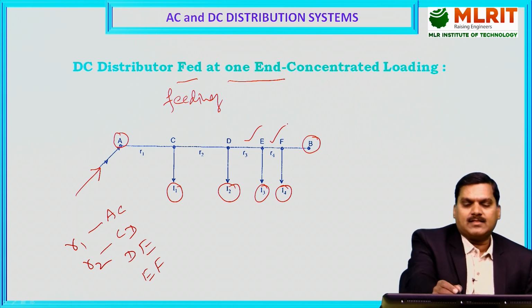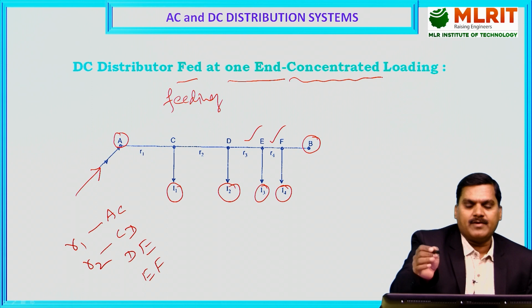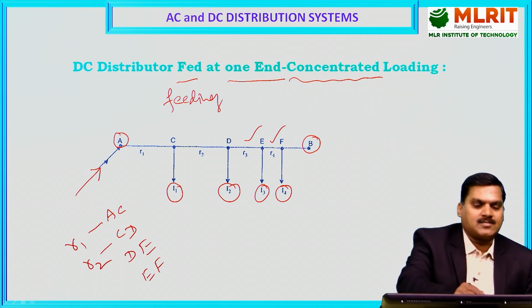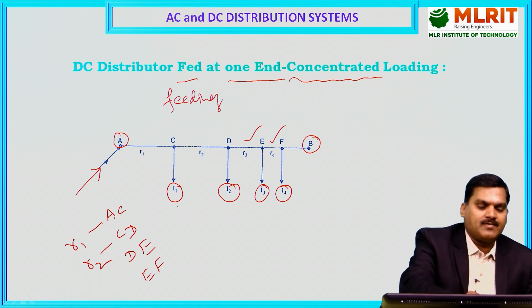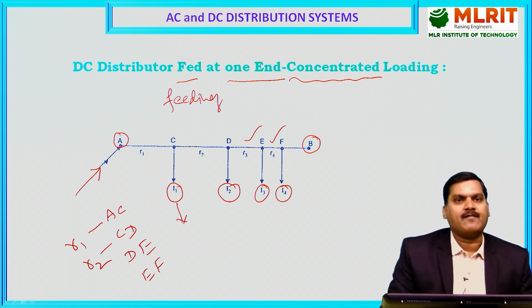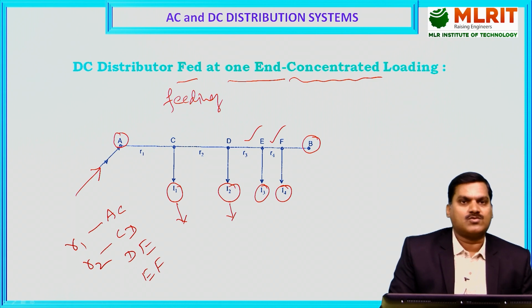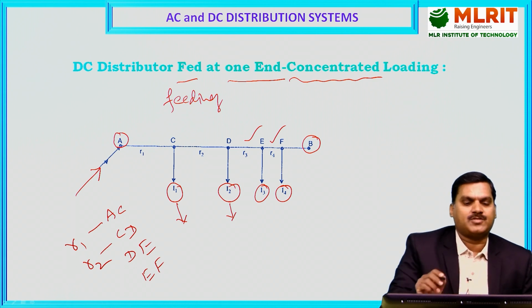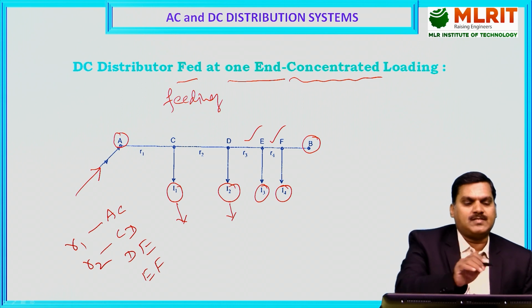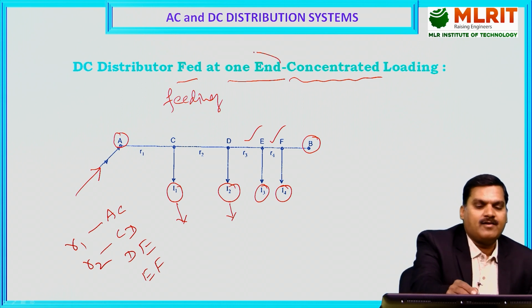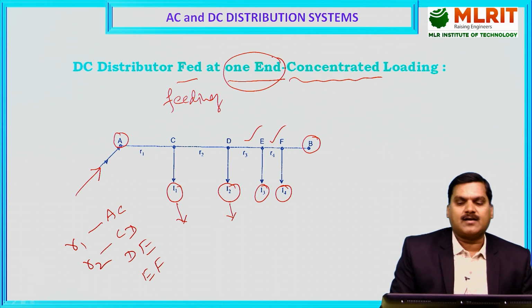Concentrated loading means the load is completely concentrated at C, drawing current I1, and at D a concentrated load is connected which draws I2 current. So these are all concentrated loads at different points of a distributor. This is the DC distributor fed at one end with concentrated loading.